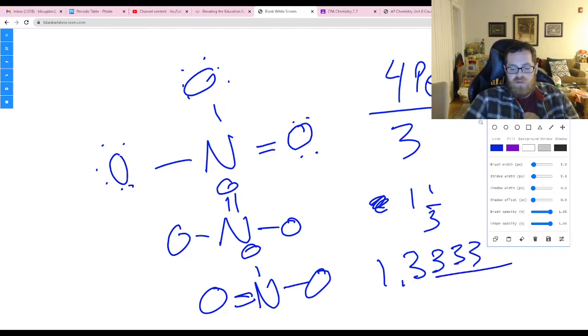So these ones are not as strong as the benzene bonds, the 1.5 bonds, but they are longer than them because they're closer to being a single bond than they are double.